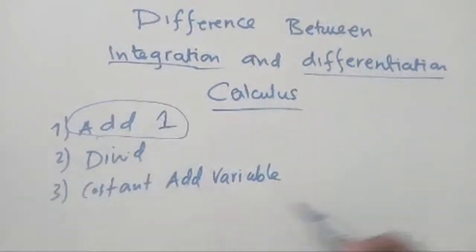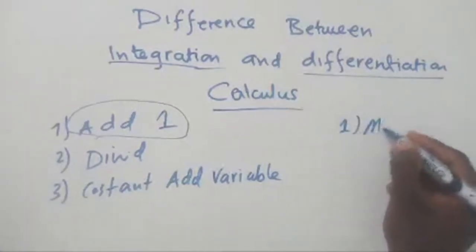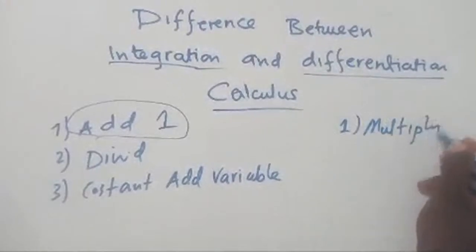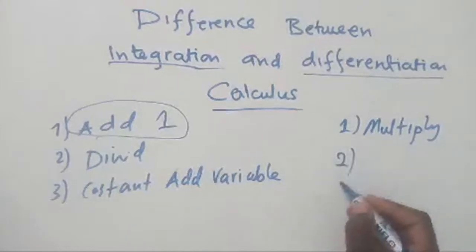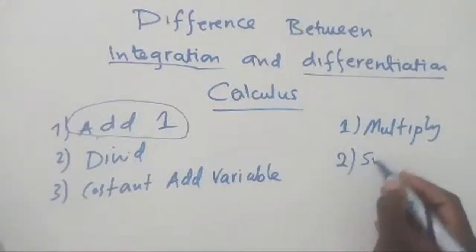So the rules of differentiation: rule number 1, multiply the power by the coefficient. Rule number 2, subtract.